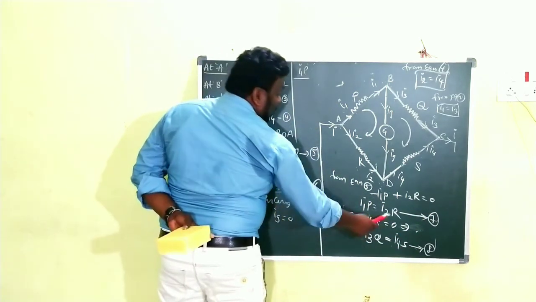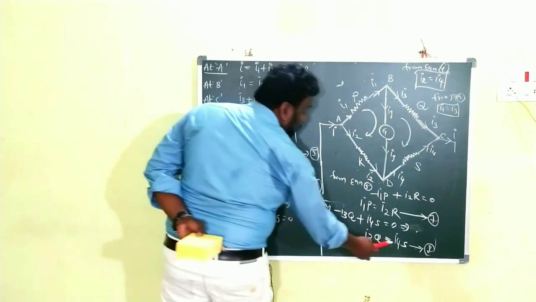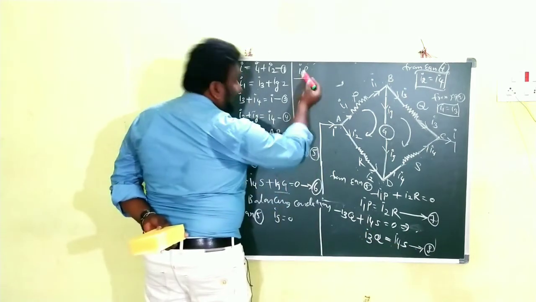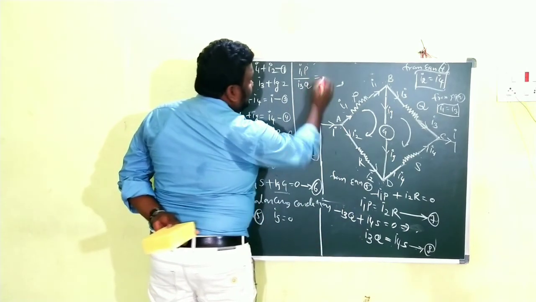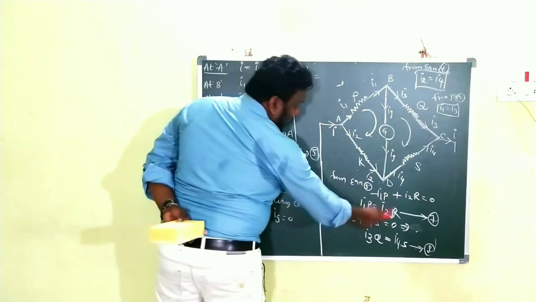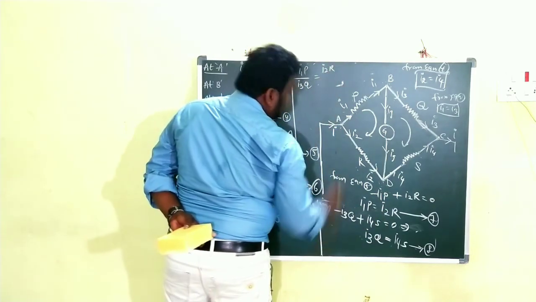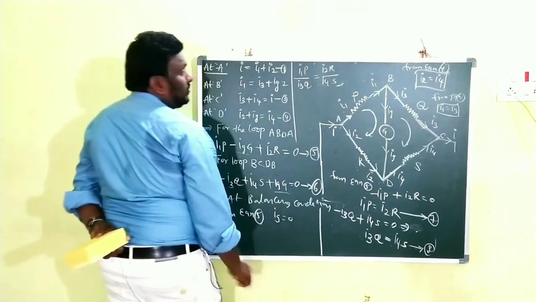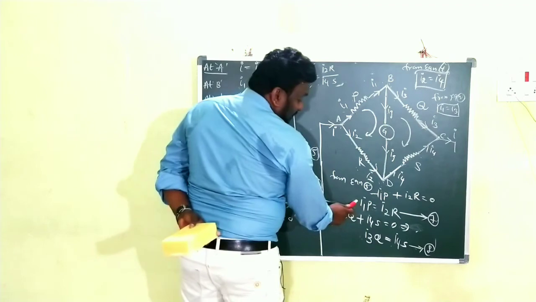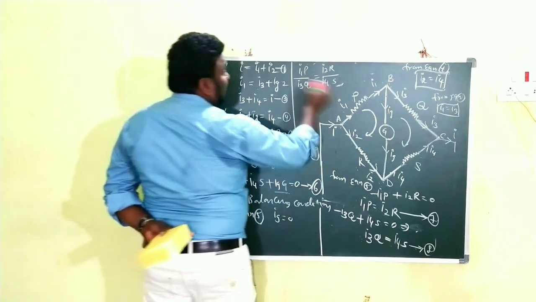I1P is equal to I2R. And what is equation number 8? I3Q is equal to I4S. So I1P by I3Q is equal to I2R by I4S. So we have divided like that.